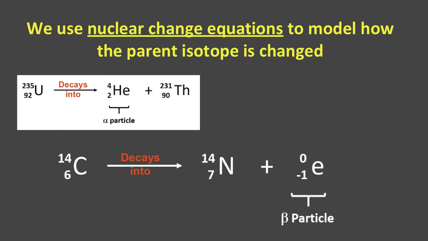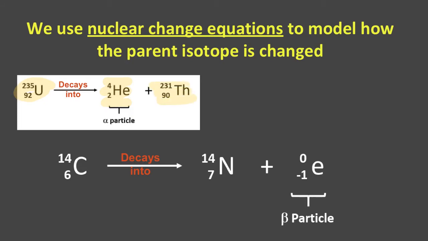I wanted to just show you what that looks like in an equation. In our first example, we have uranium-235, and then it's undergoing radioactive decay, meaning it's emitting an alpha particle and becoming a new isotope.